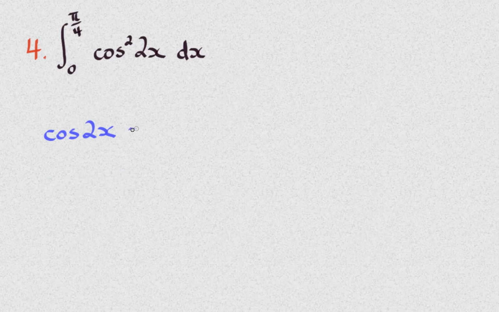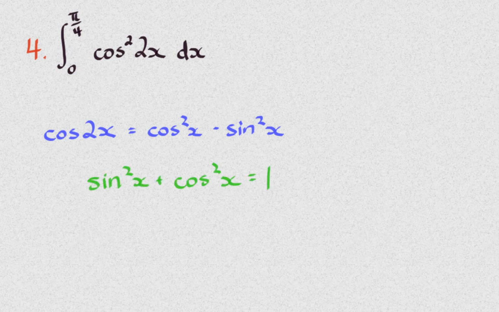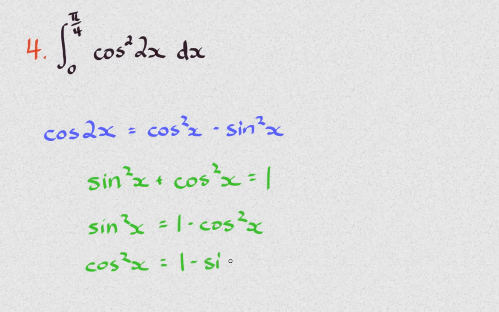But going straight to the result, cos of 2x is cos squared x minus sine squared x. And remember that we can always interchange between sine squared and cos squared using the Pythagorean trig identity. Sine squared plus cos squared equals 1. And so therefore we can say that sine squared is actually 1 minus cos squared, or the other way round, cos squared is 1 minus sine squared.